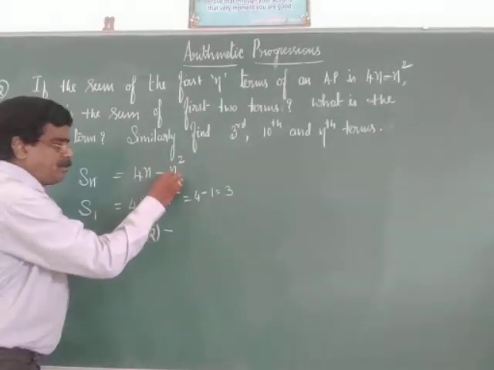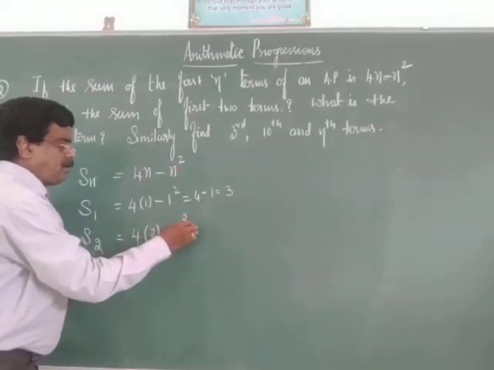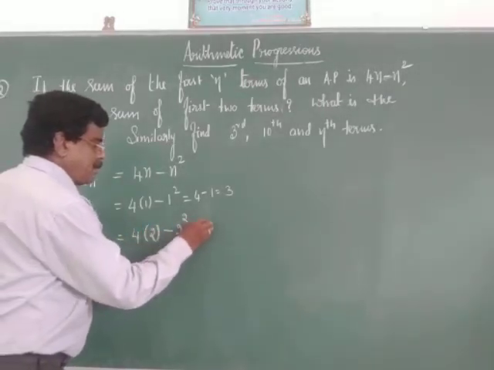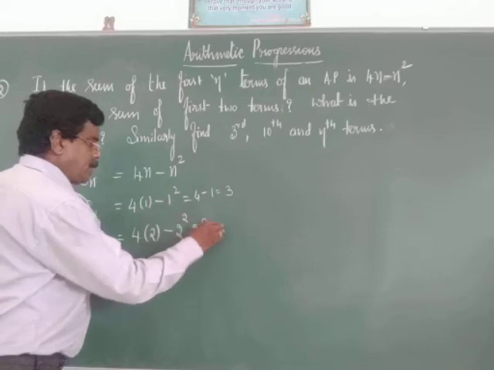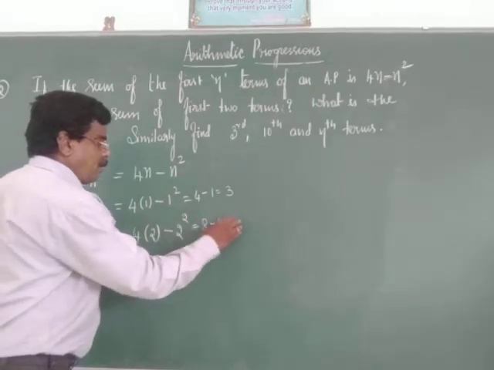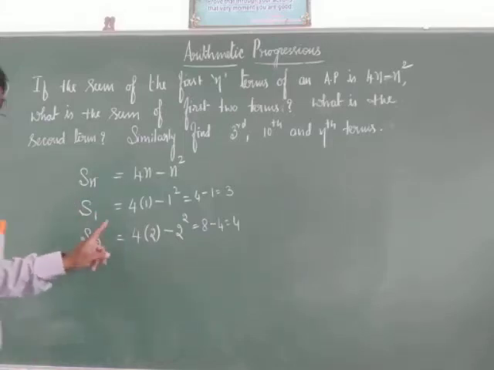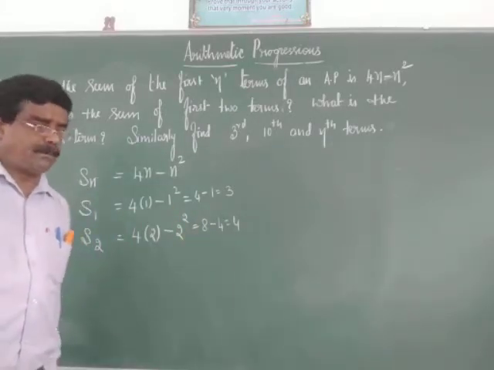In the place of n you substitute 2, that is 2 square, which is equal to 4 into 2 means 8 minus 2 square means 4, which is equal to 4 again.